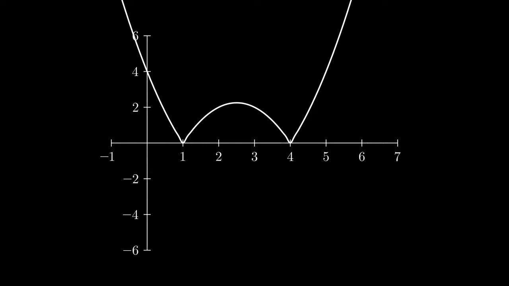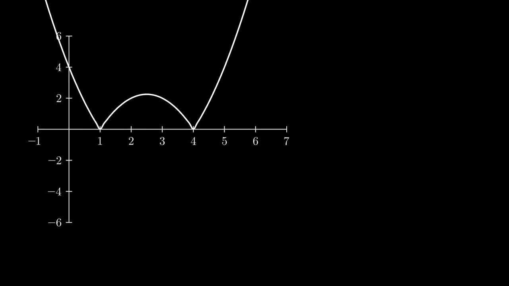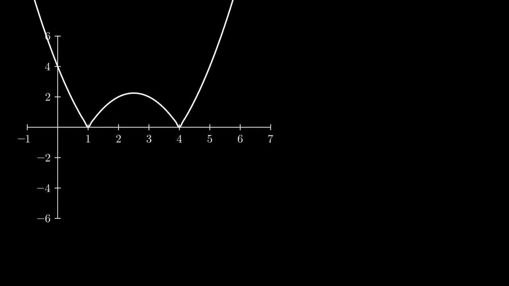Hopefully you've seen this and it's familiar, and you would know that because it's absolute value, that means it can't go below the x-axis. So I think of it as the function bouncing when it hits the x-axis if it's starting from the positive.